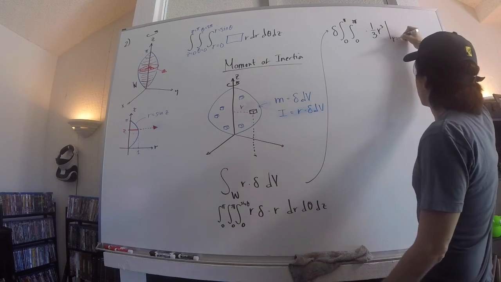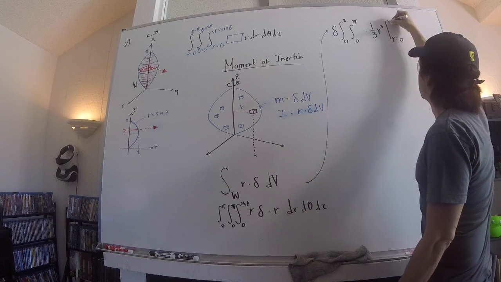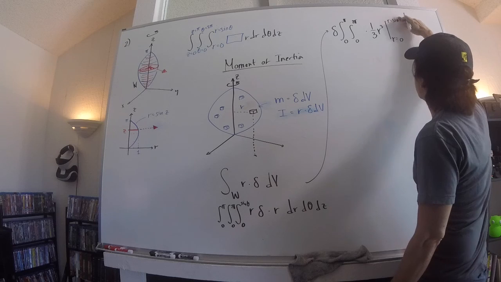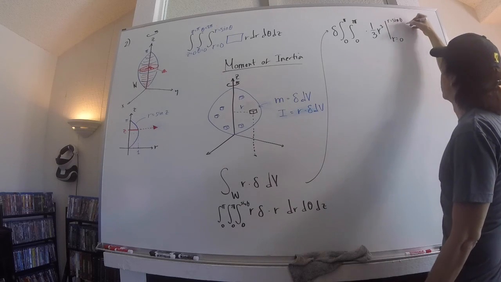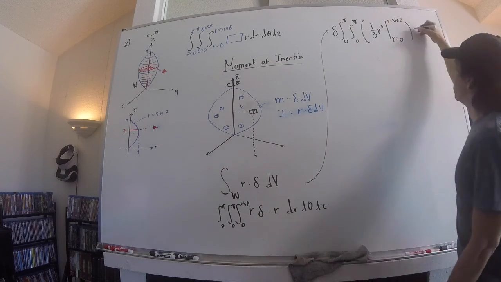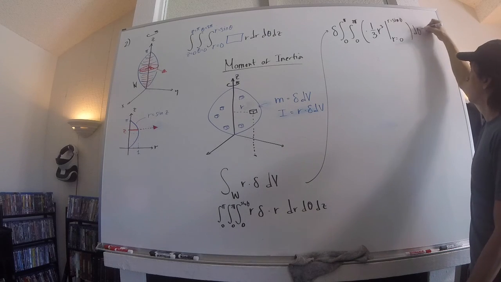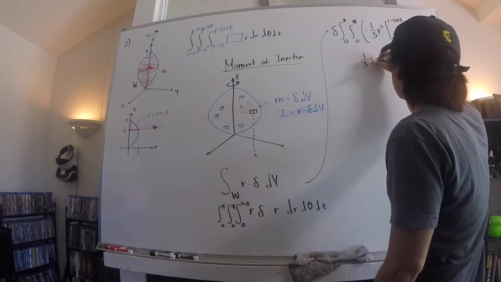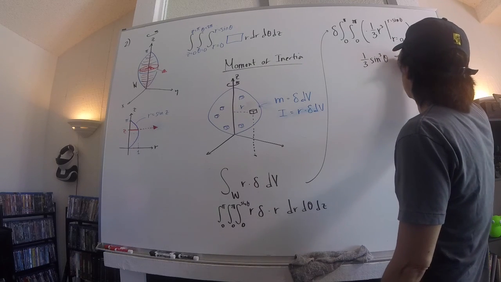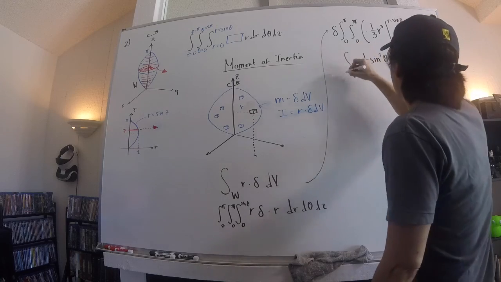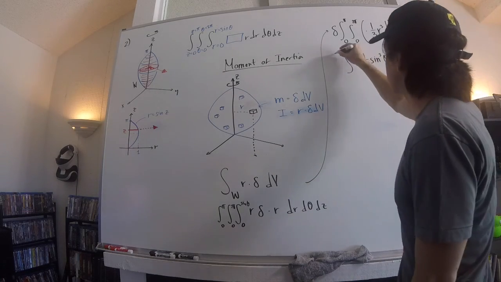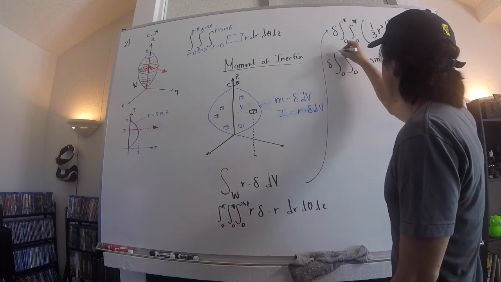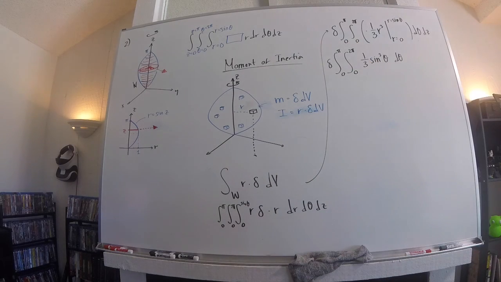I'm going to evaluate that. r goes from 0 to sine theta, but I'm anticipating it's going to be cubed eventually. And then I'll do d theta, then dz. Okay. My next task to do is integrate sine cubed.